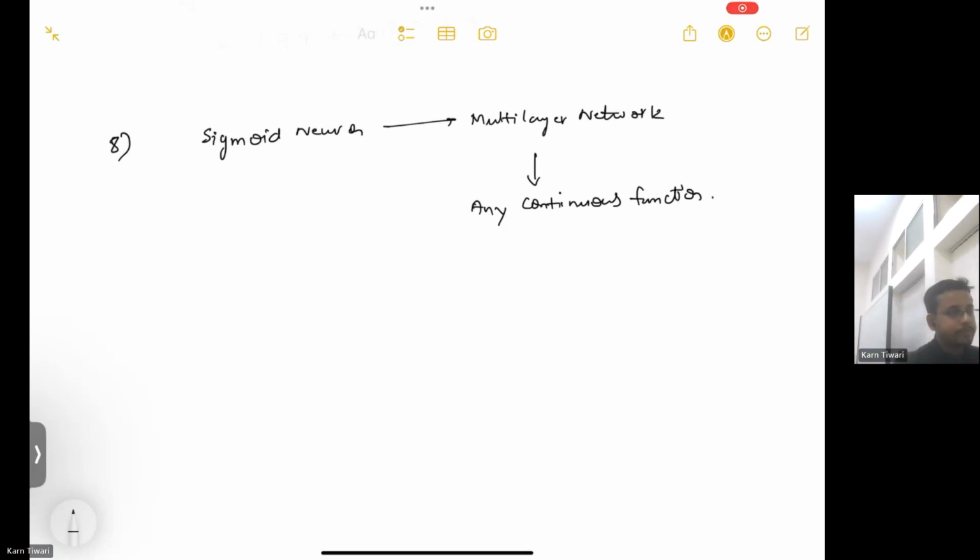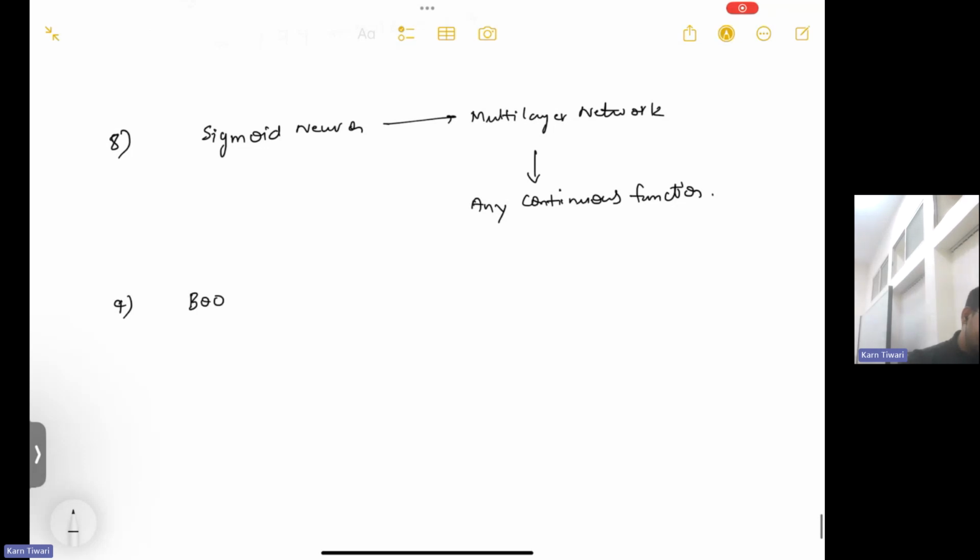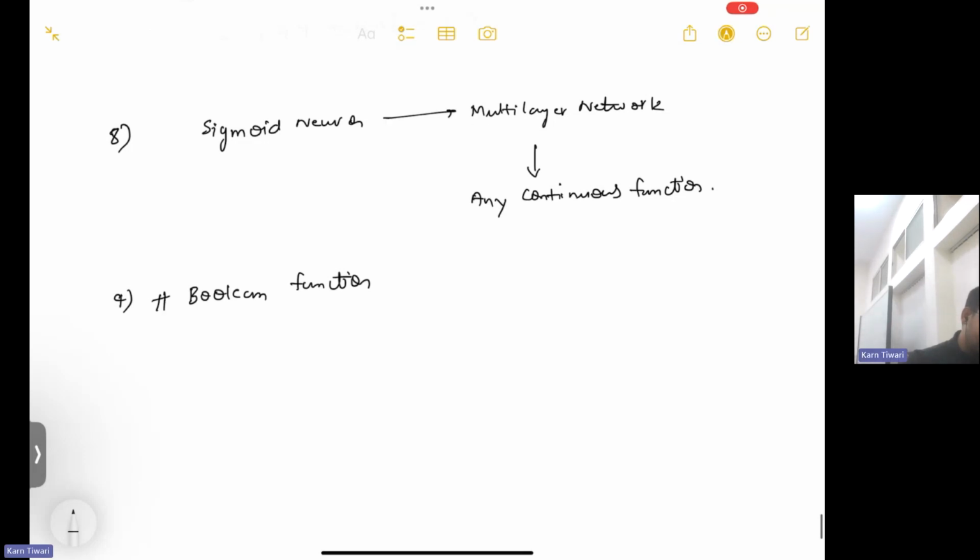Okay. Question number 9. How many Boolean functions can be designed for 3 inputs? That's a pretty tricky question. The number of Boolean functions we need with 3 inputs.